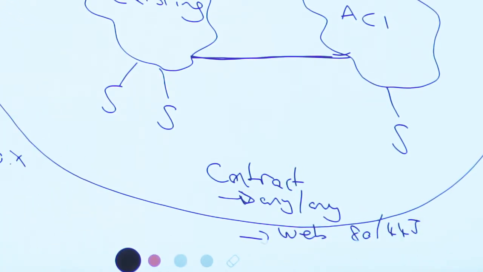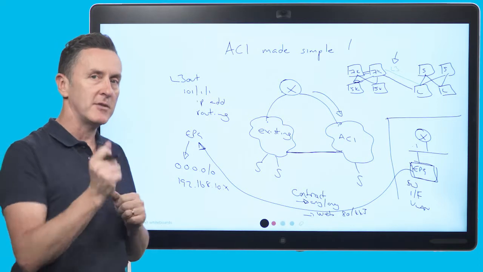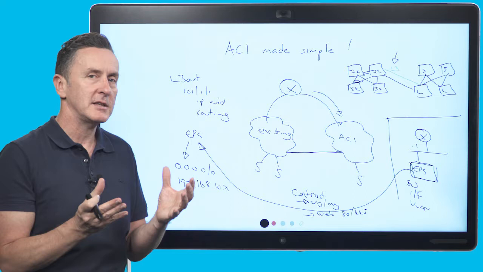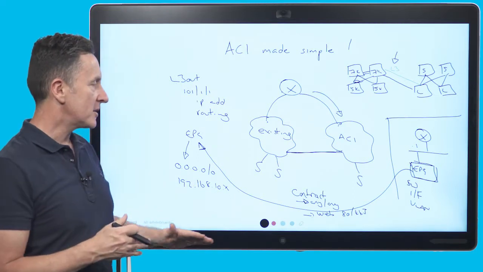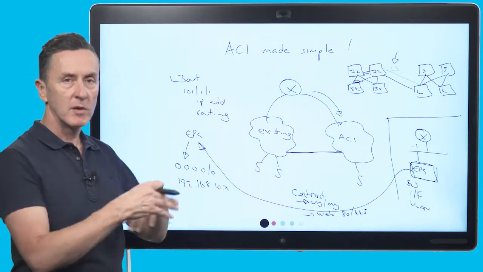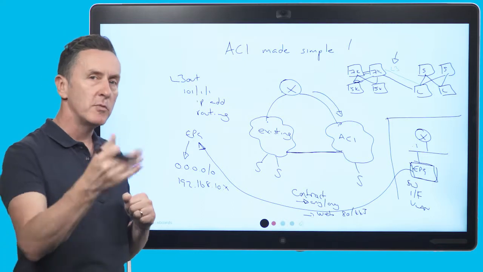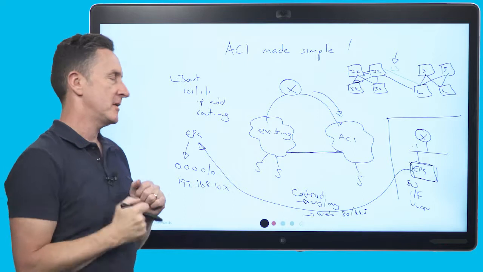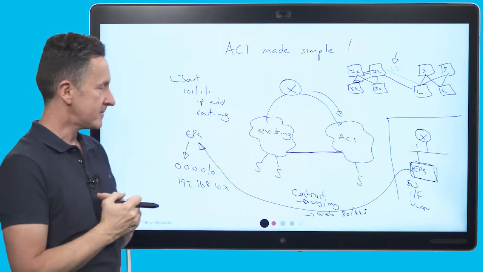So I can go from being very open to much more secure. But customers don't need to think that they need to jump in at the deep end and understand every application on their network, all the connectivity rules. They can simply start off with a permit any, provide the connectivity, and then go more secure afterwards. So again, very simple building blocks for how we construct the network.